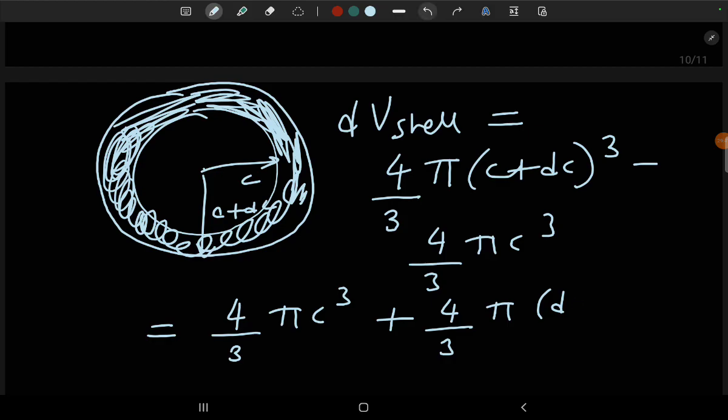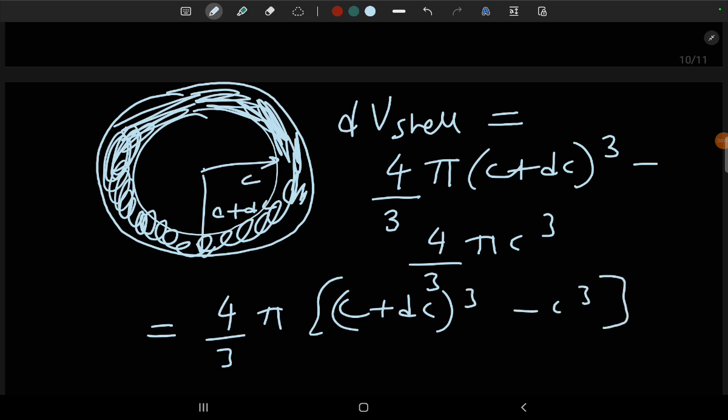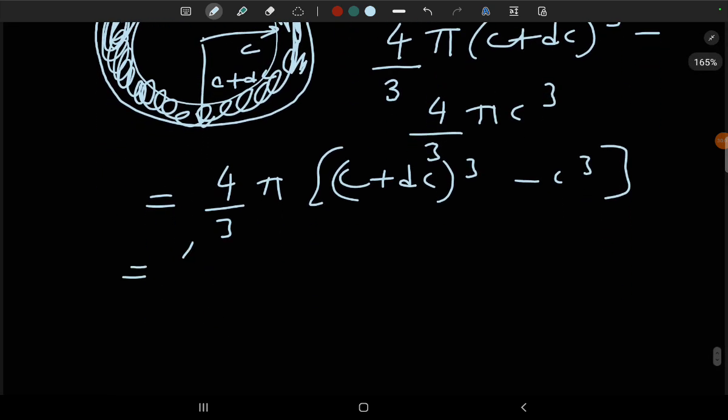Or we should do it this way: 4 by 3 pi, we have (c plus dc) whole cubed minus c cubed.